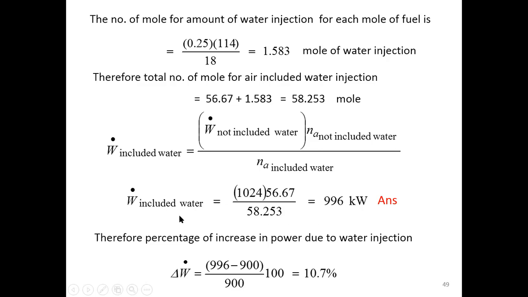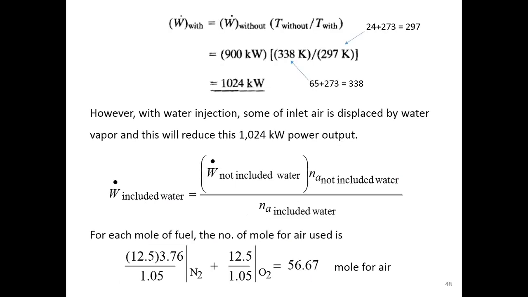Everything in here gives us the power output when we include the water injection in our consideration. It's going to be 996. So the percentage of increase in power due to water injection will be what? 10.7%.